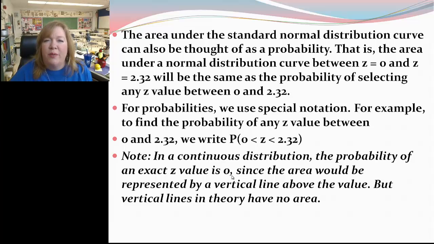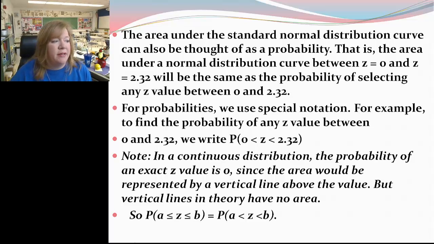It's just that whenever you're using z-values, you're finding the area between two of them, whether it be the mean, whether it be another z-value, whether it be all the way to the right. Also, what you need to keep in mind is that if you put less than or equal to, it makes no difference. And that's because the vertical line doesn't have any area. So that's all you need to know from this one.